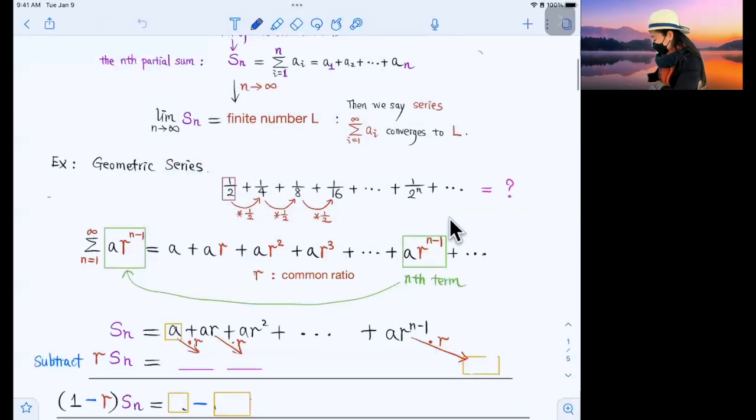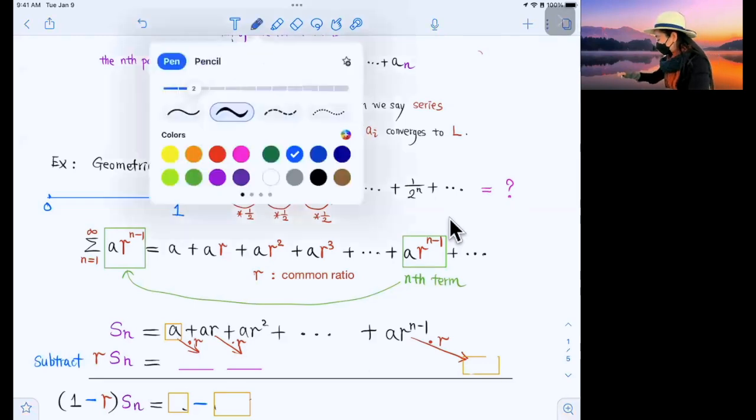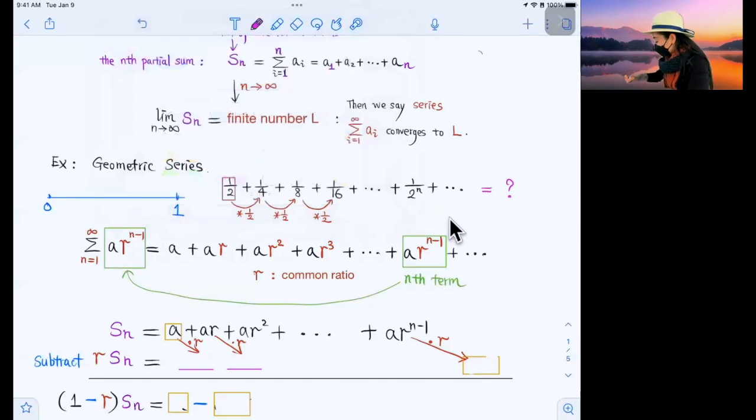So here is from 0 to 1. The first time, you're going to go halfway. So you have 1/2, going over here. And then after that, you add 1/4. So you go here.